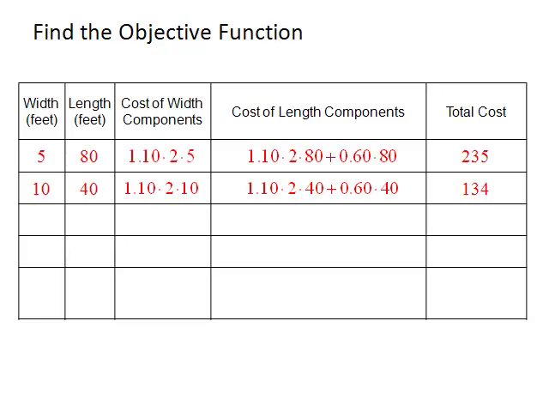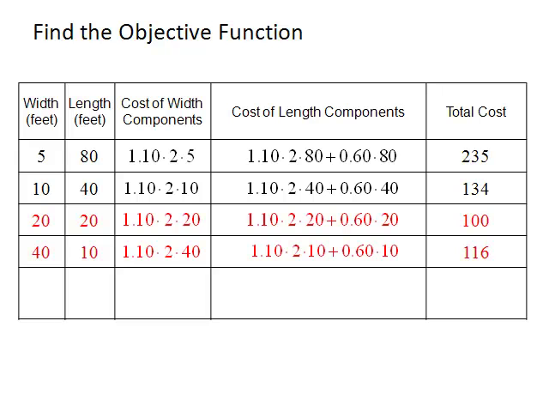List those results in a table with the width, length, the cost of the width, the cost of the length, and the total cost. This table can be on paper or in Excel. Continue to add different size enclosures. Note that as the width increases, the length decreases to ensure that the area is equal to 400 square feet. It appears that the total cost is at a minimum for an enclosure that is about 20 by 20.